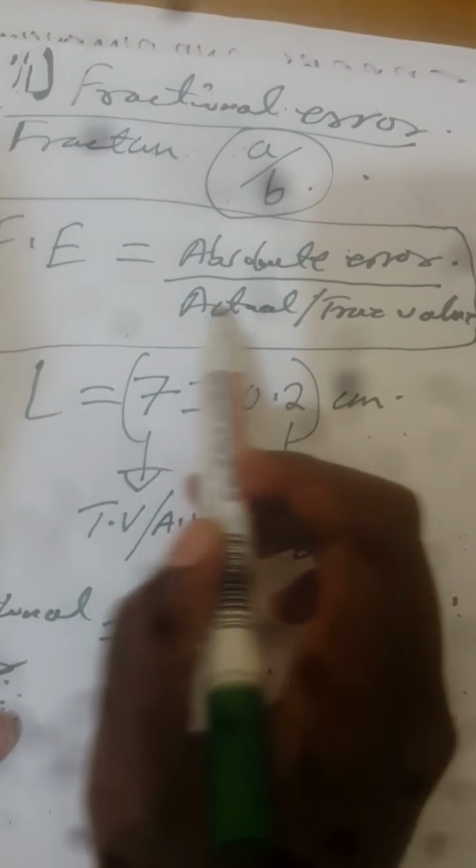So the unit used maybe is centimeter. So this is the true value or actual value, and this one is absolute error. So in order to find the fractional error, we take absolute error with this formula. You see this formula. You take absolute error divided by the actual or true value.